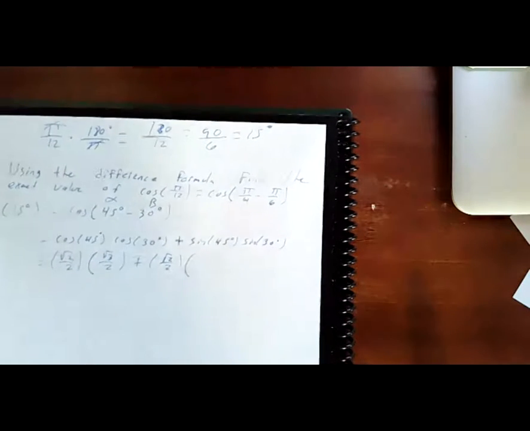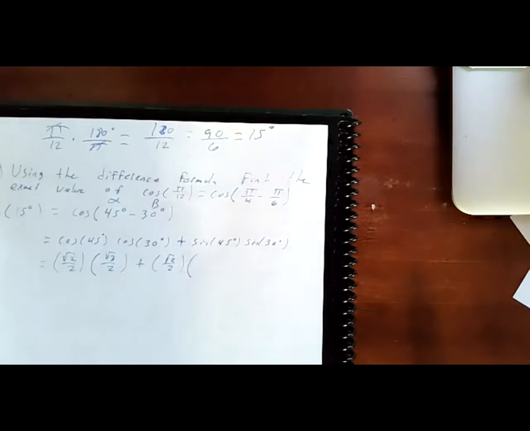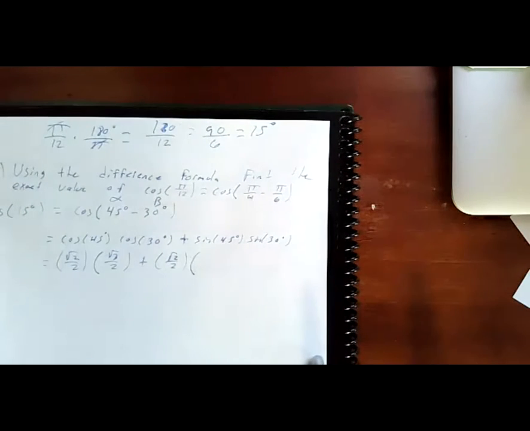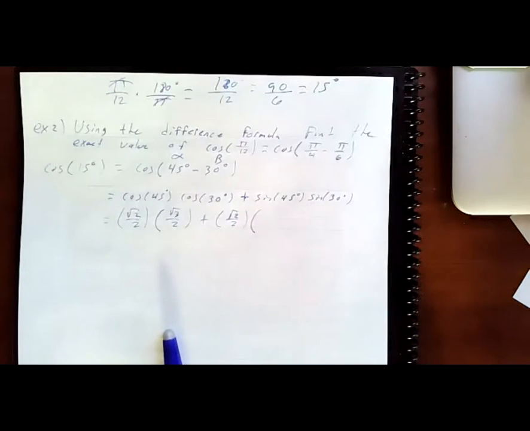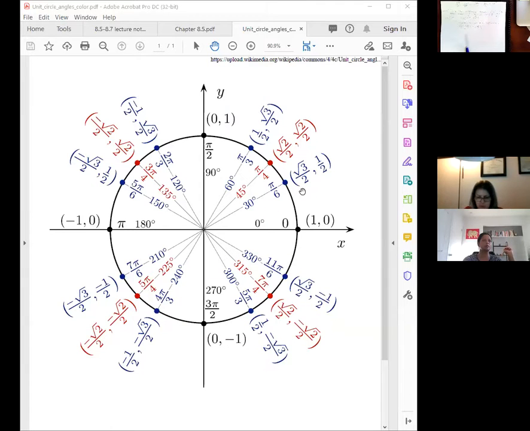Makes me happy. Sine 30. What's that going to be? Right, so sine 30 is 1/2. Cosine 30. Yeah, it's all good.